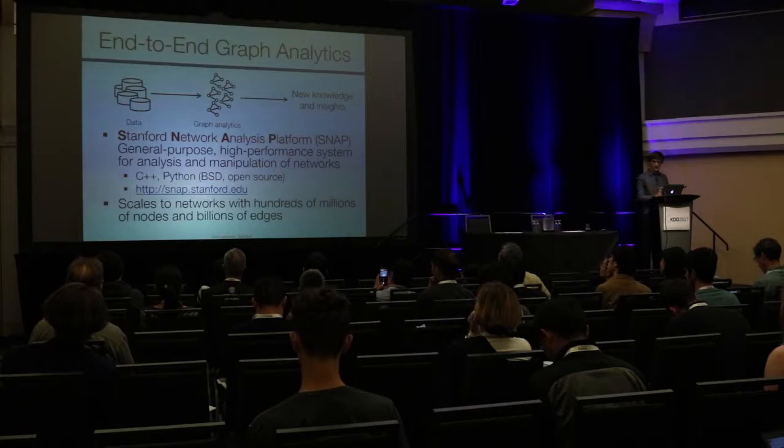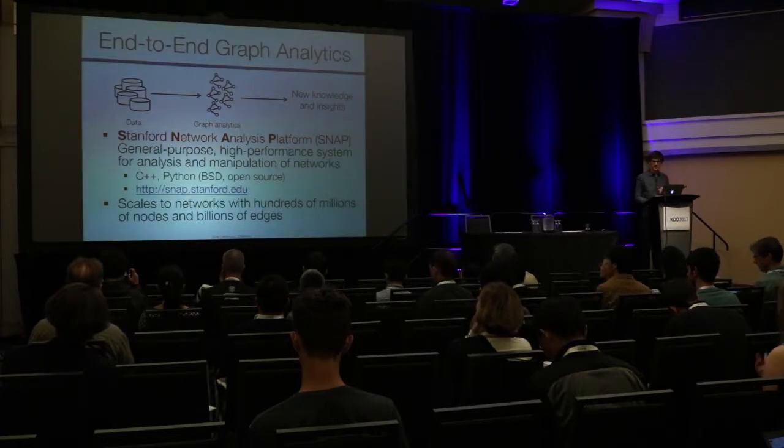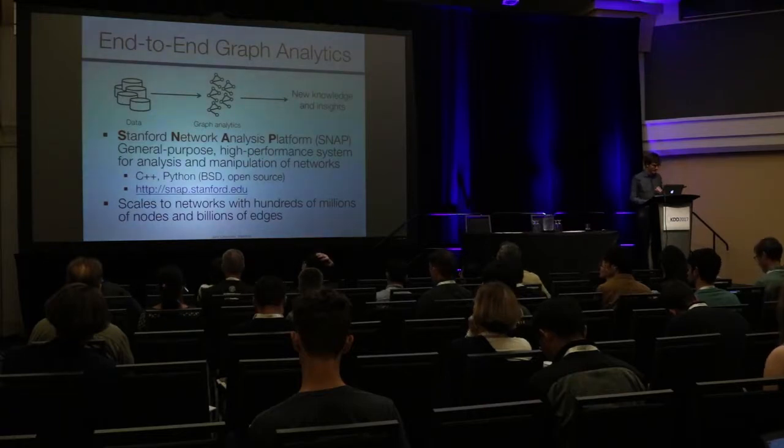The bottom layer is all implemented in C++ under the BSD license, so anyone can take it and do whatever they want with it. We can easily scale to networks with hundreds of millions of nodes and billions of edges, and for most practical purposes, that's more than enough.